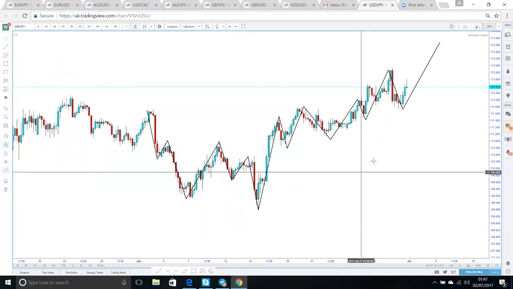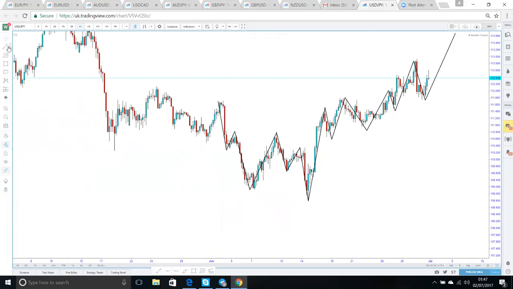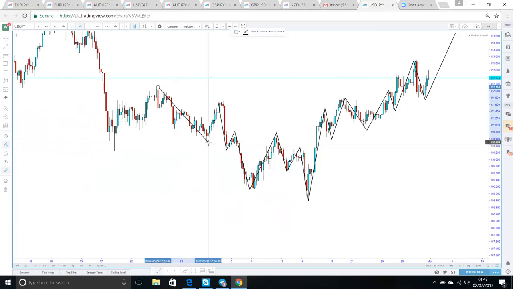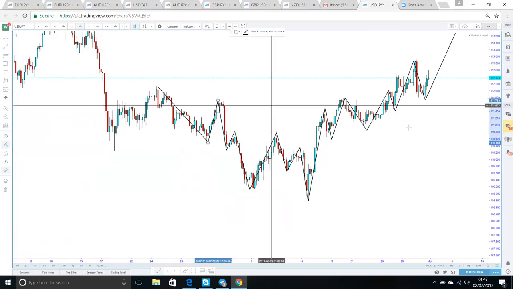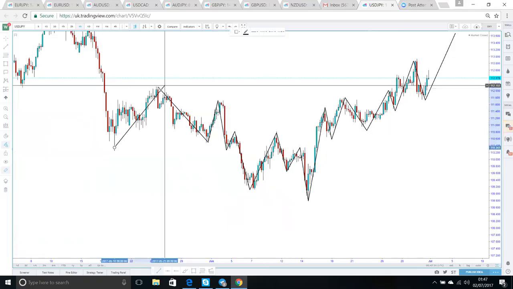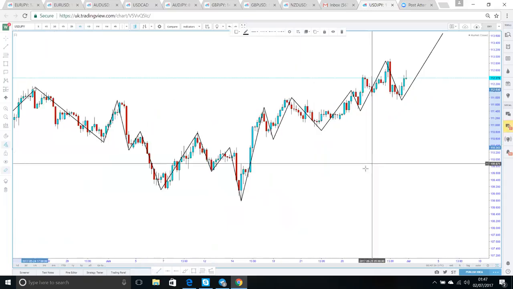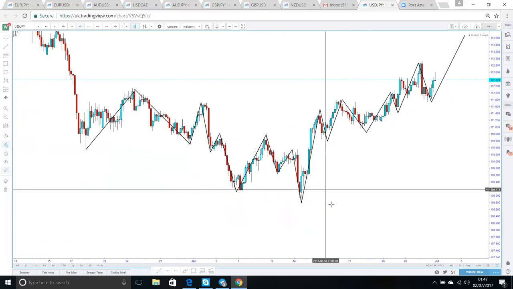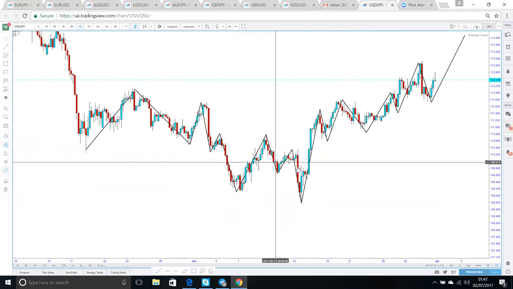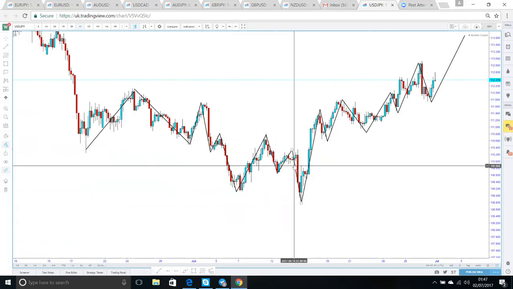Everybody understand this, right? Remember, it's a major point of reaction levels. This is H4. So first of all, you'll mark where the break of the structure has taken place on an H4 time frame, guys. Where is it?